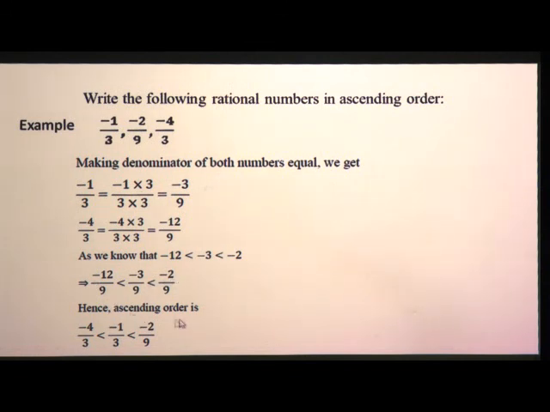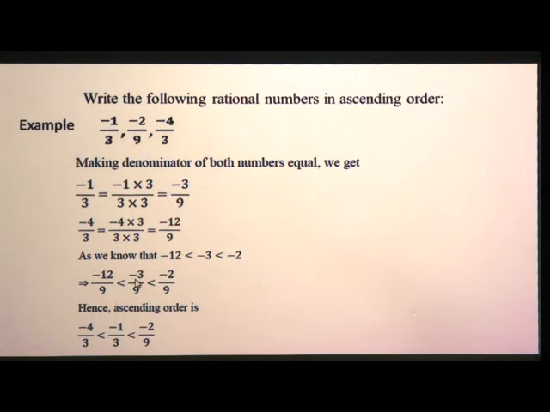So, hence the ascending order is written as minus 4 upon 3, which represents minus 12 upon 9. So, minus 4 upon 3 is smaller than minus 1 upon 3, which is represented as minus 3 upon 9.